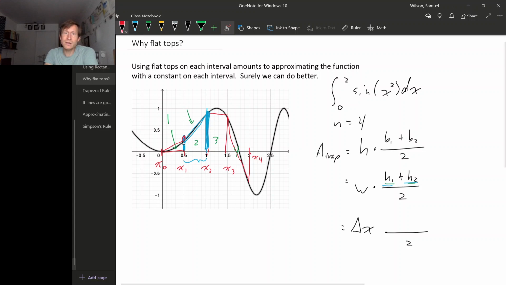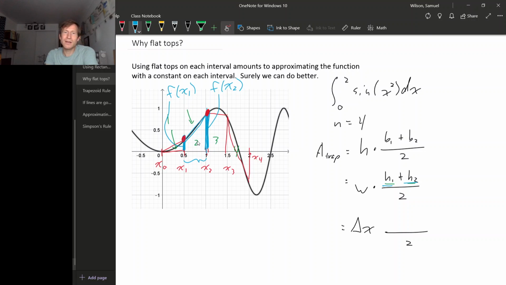It's this point on the function that determines the left-hand height, and it's this upper right-hand red point on the function that determines the right-hand height. And these two heights are just the value of the function. So it's the function at x sub 1 for the left-hand point, and the function at x sub 2 for the right-hand height.